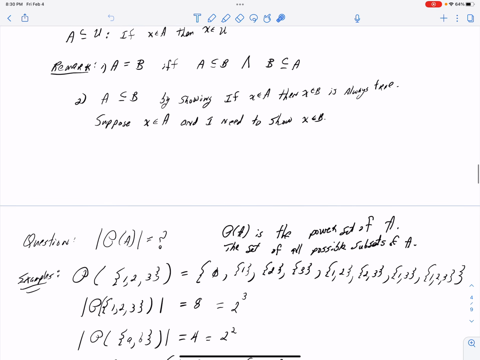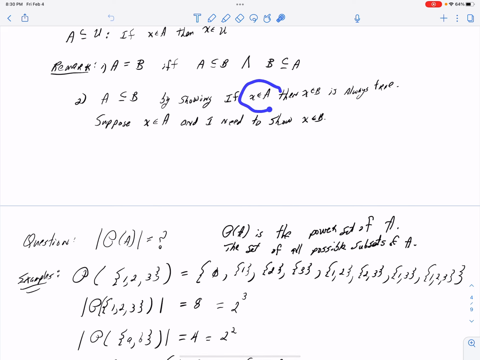And I'd like to remind you that again, if you were to show A is a subset of B, how would you do that? Well, by showing this conditional statement is always true. How do you do that? By showing it's never false. How do you do that?